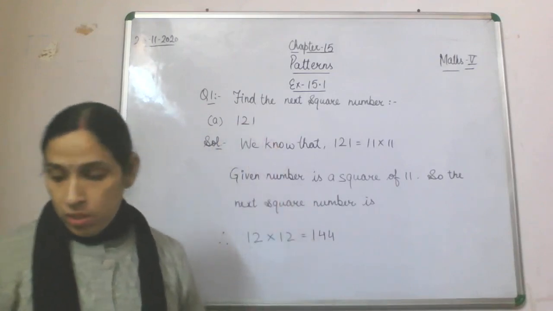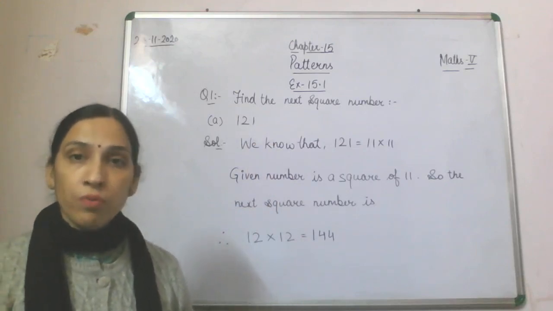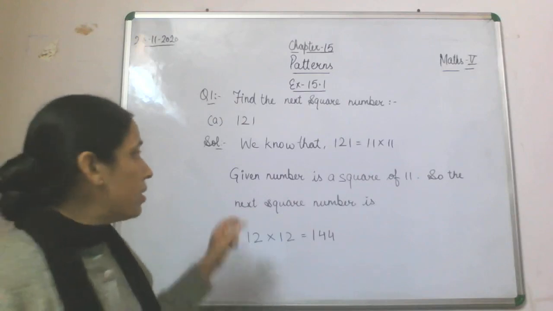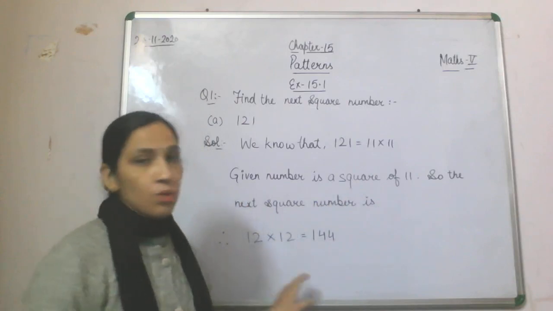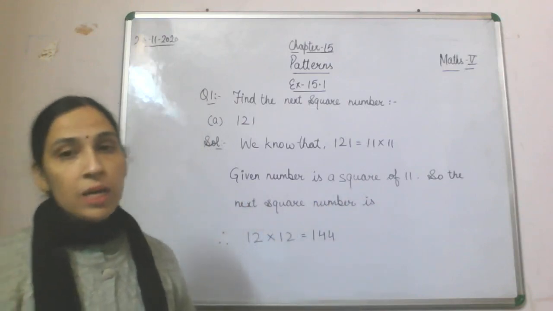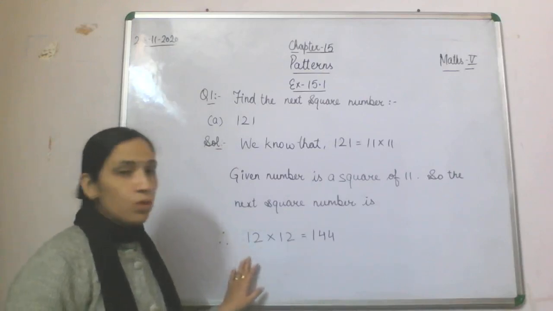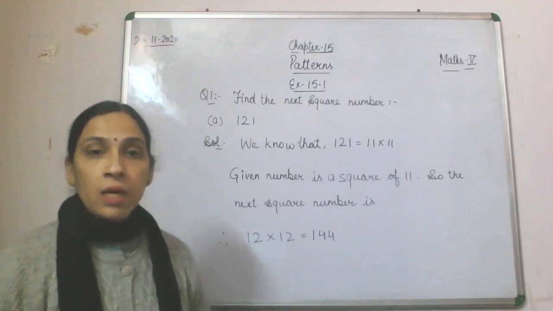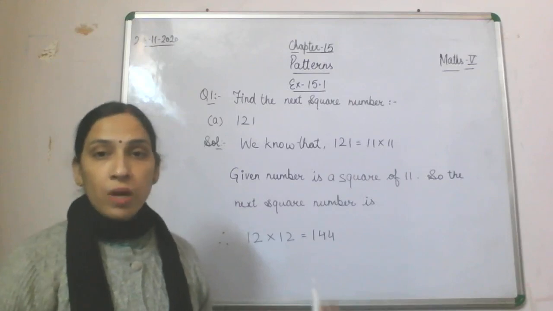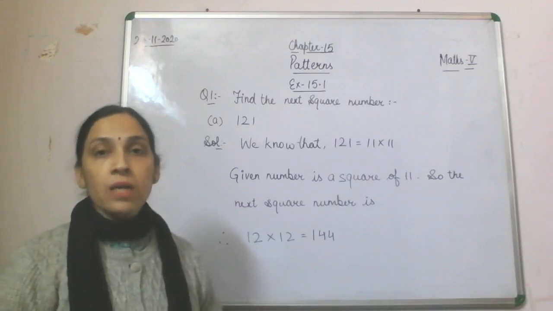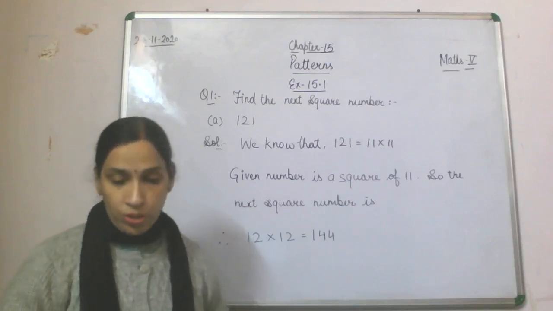See children, first of all you have to find out the given number is a square number of which number. The given number is a square number of 11, so for the next square number you do the multiplication, 12 multiplied by 12, and you will get 144. If you know which number the given number is a square of, you can easily do the solution.